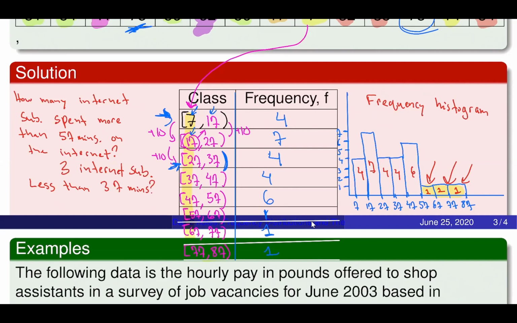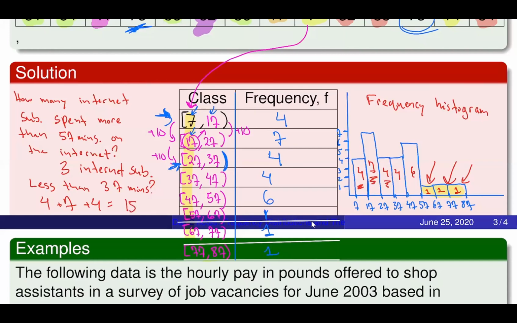For that one, how many people will we have that satisfy that? 15. Cool, 15, because you do 4, which is this one, plus the 7, which is this one, plus the 4, which is this one. If you add all of that up, you get 15.